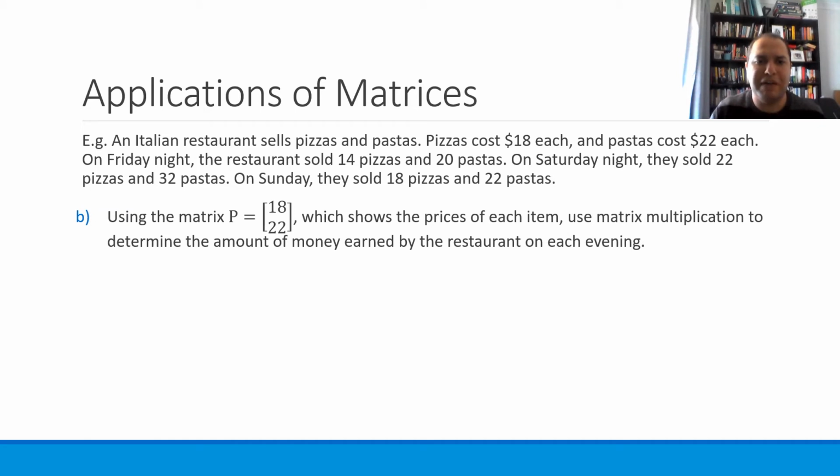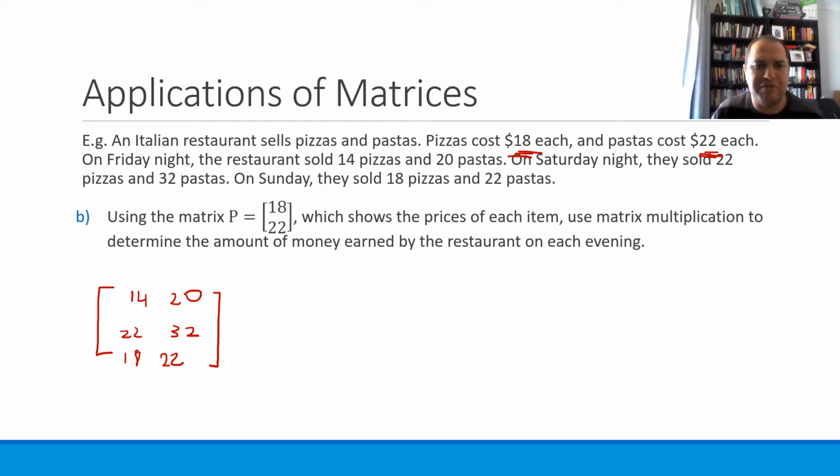Now using the matrix P, 18 and 22, that comes from the $18 each for pizzas and the pastas that cost $22 each. Use matrix multiplication to determine the amount of money earned by the restaurant each evening. So let's draw out our matrix again: 14, 20, 22, 32, 18, and 22.